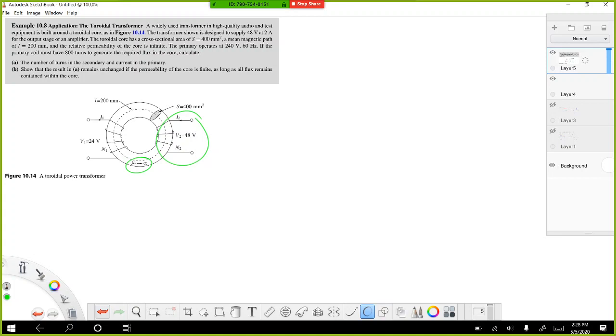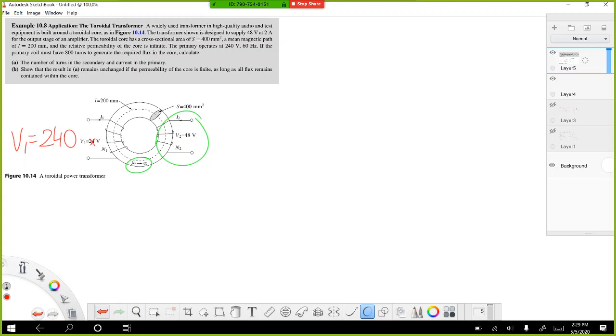The primary coil operates at 240 volt. Here there's a mistake. This is not 24 but this is 240. The primary coil operates at 240 volt and 60 hertz.